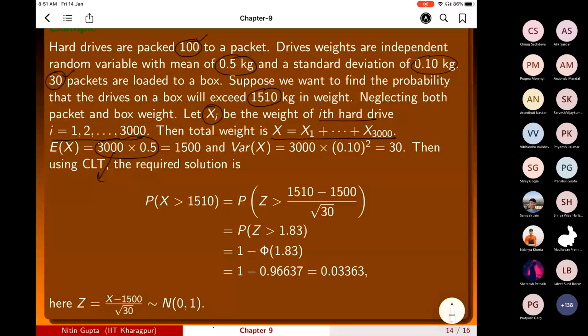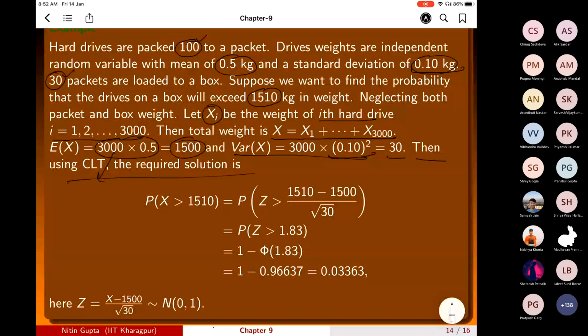So that means 3000 into 0.5, and the variance will be the summation of the variances of each, so 3000 into standard deviation square, that will be 30.